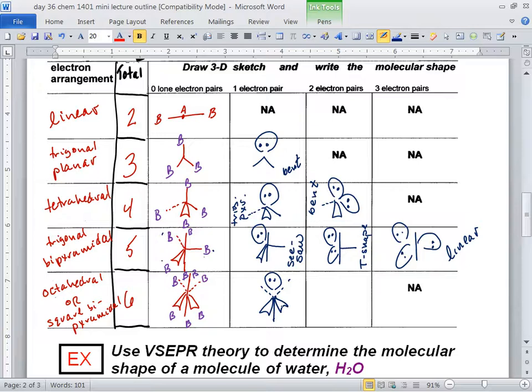I've got a square in the center, top and bottom, square bipyramidal, right? So pop it off. Now I just have square pyramidal, right? It was square bipyramidal. Now it's square pyramidal.